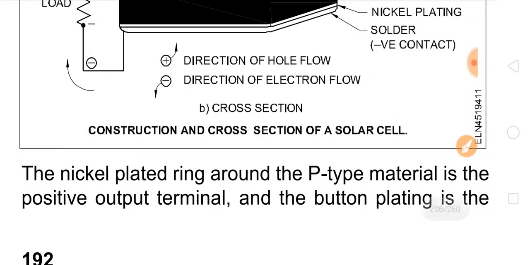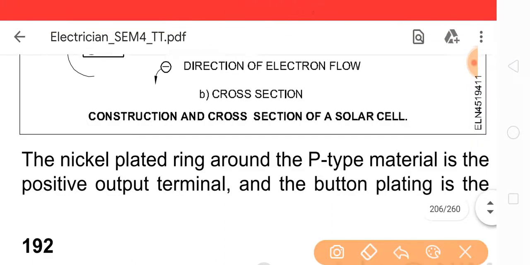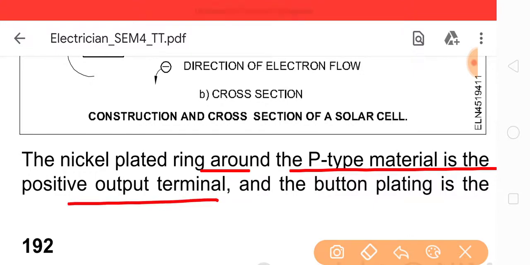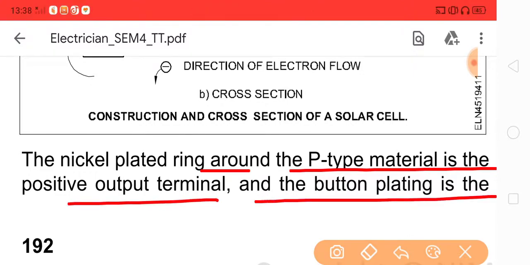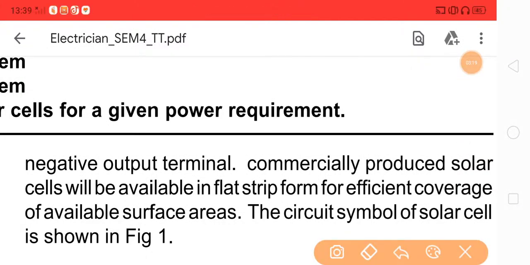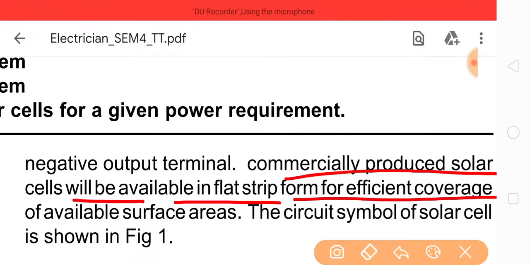Cross sectional construction of solar cells. The nickel plated ring around the p-type material is the positive output terminal, and the bottom plating is the negative output terminal. Commercially produced solar cells are available in flat strip form for efficient coverage of available surface area.